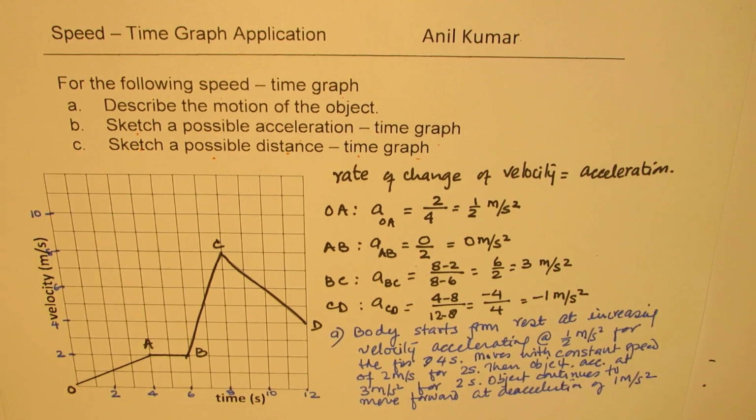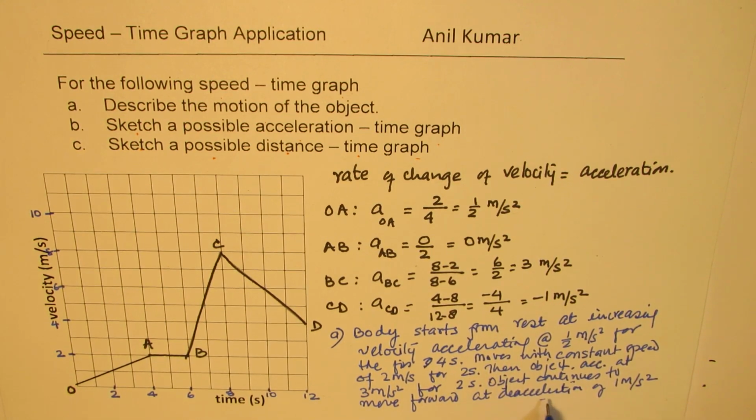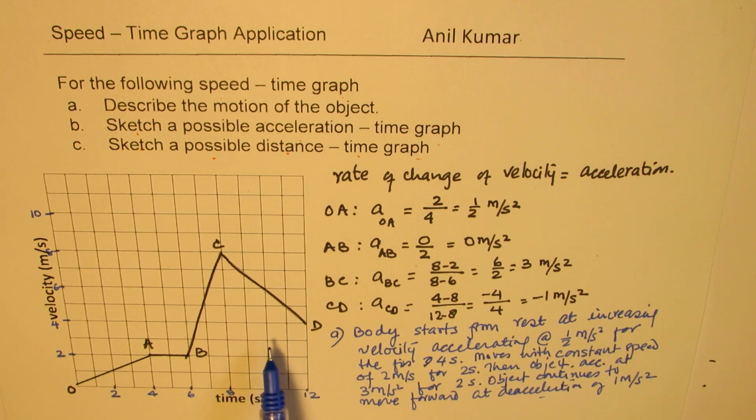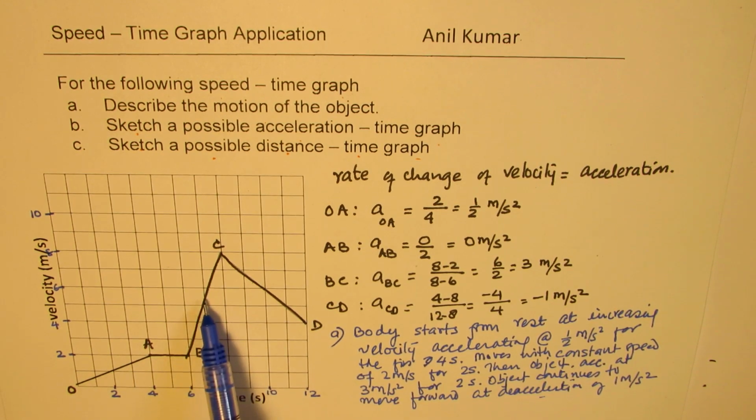The negative sign is already taken care of by the word deceleration itself. So overall the distance is always increasing. However, the acceleration increases, becomes 0, much higher, and then negative. That is how you could describe it.